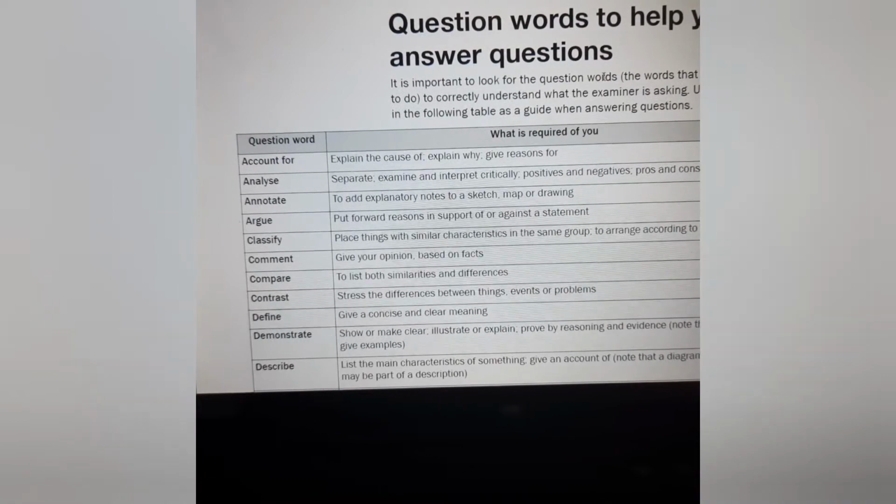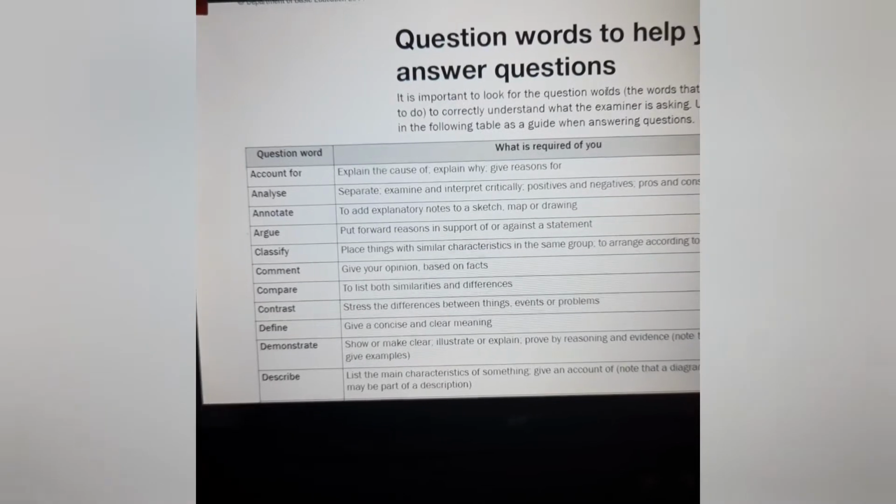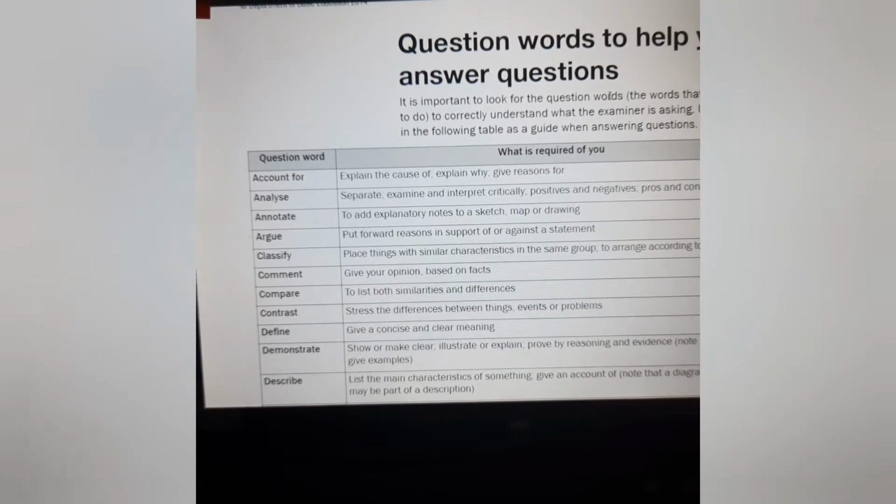When they ask you to classify, place things with similar characteristics in the same group, to arrange according to type, or sort. When you classify, you are arranging. They ask you to arrange according to a certain type, a certain kind, or put things that are similar in characteristics in the same group.